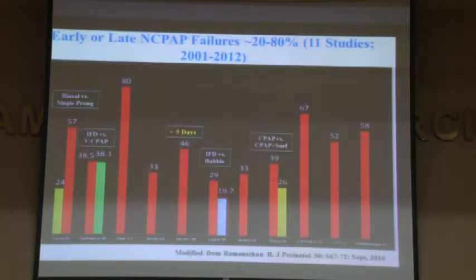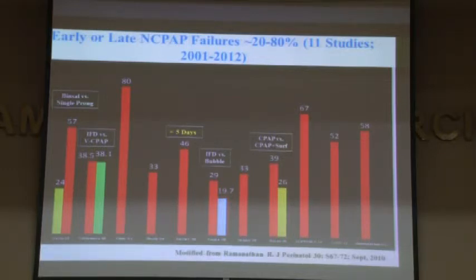Putting an endotracheal tube into one nostril and giving CPAP is not a good idea. Failures are much higher. You can see uninasal, 57% fail compared to 24% using binasal prongs in preterm babies. Second study compared infant flow driver CPAP versus ventilator CPAP. Absolutely no difference in failure rates.